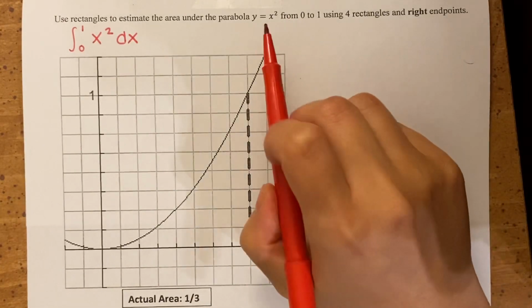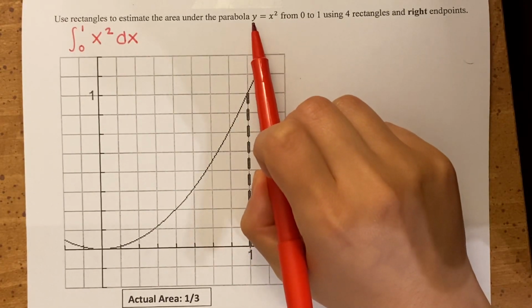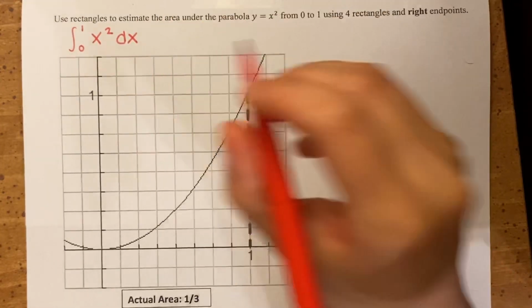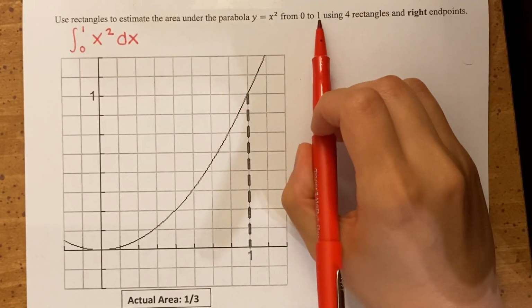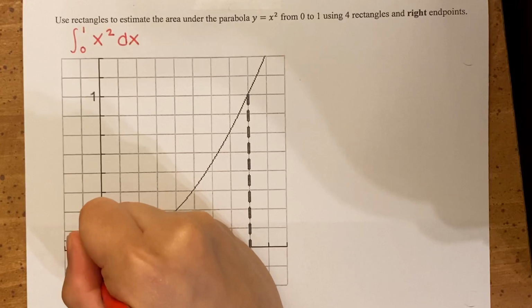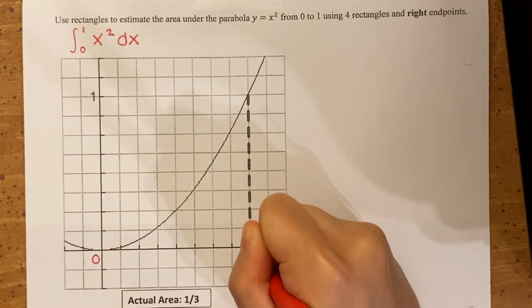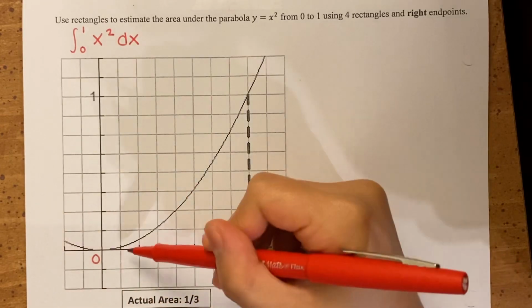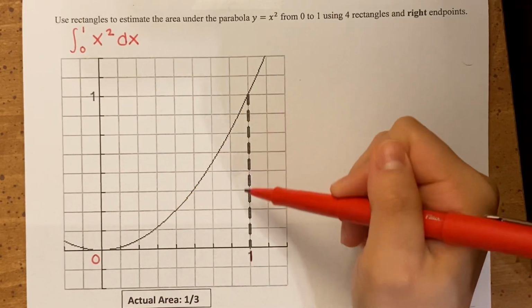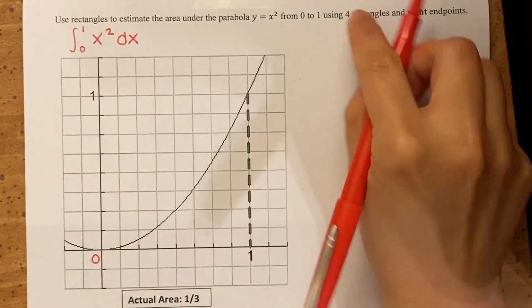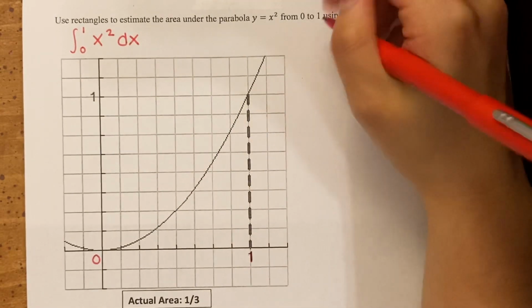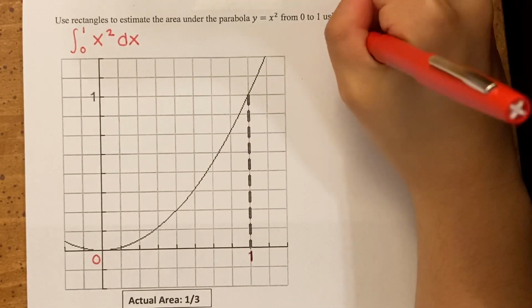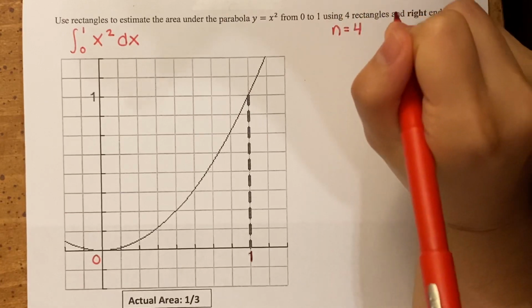So let's get started. We have our curve y equals x squared from 0 to 1. I have 0 here and 1 here. So I'm going to be estimating this whole area up until the dotted line using 4 rectangles. This means that my n is equal to 4.